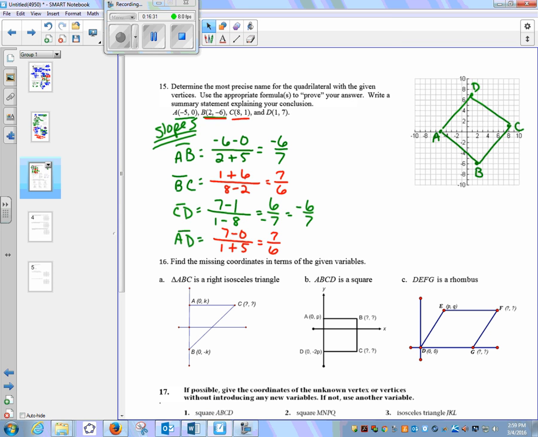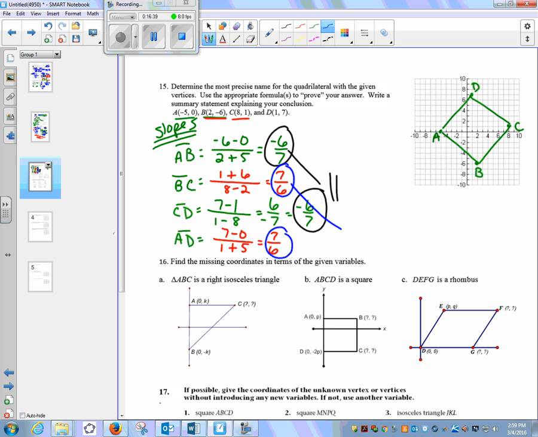So I get that these two are parallel, and I get that these two are parallel, but might also notice that these two are opposite reciprocals of each other, so they are perpendicular, as are these two, as are these two, as are these two. So I have a parallelogram with 4 right angles.